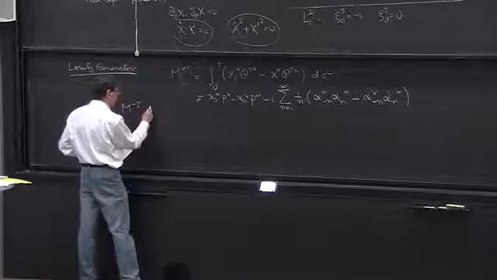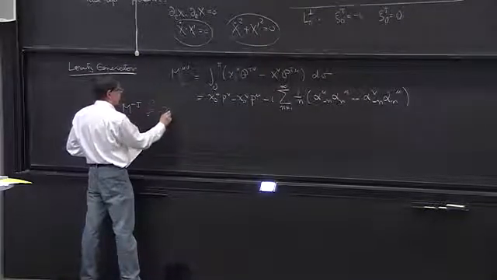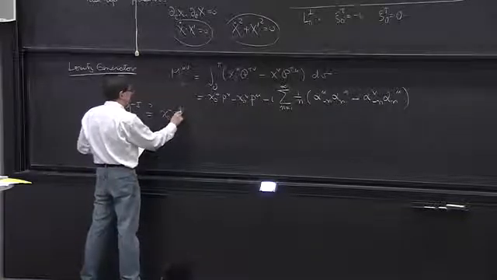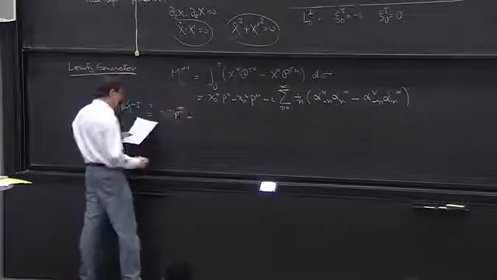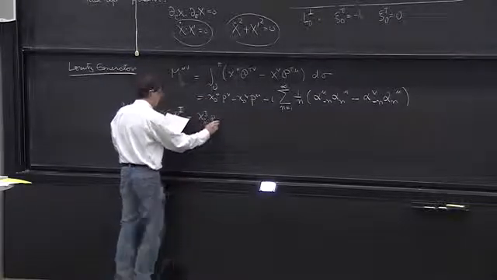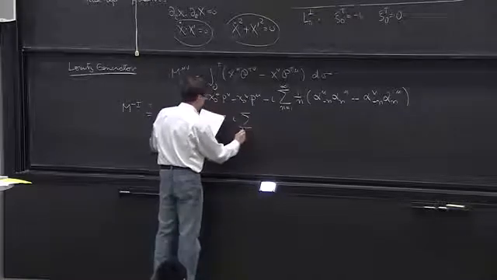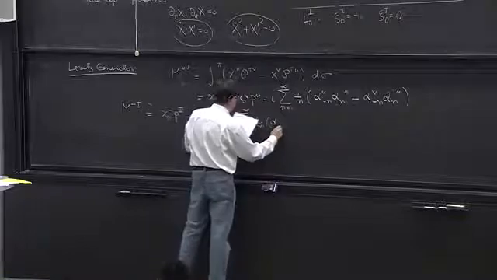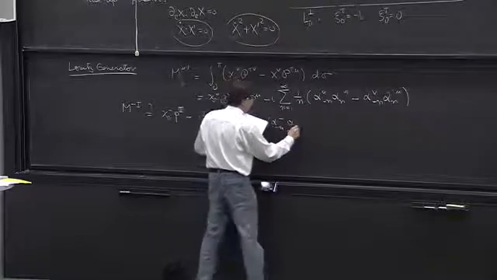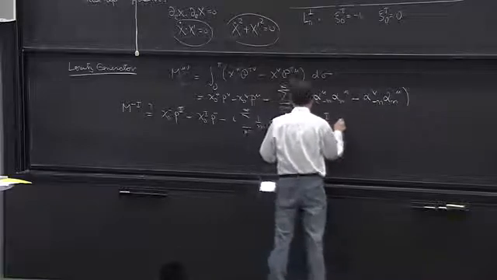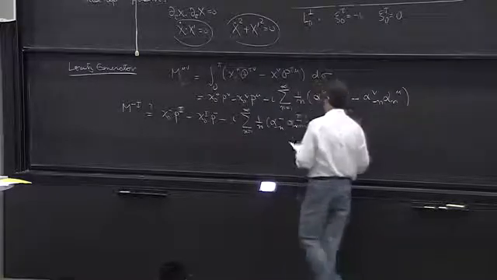Well, you try something like x0^- p^i minus x0^i p^-, minus i times the sum from n equals 1 to infinity of 1 over n, (α_{-n}^- α_n^i minus α_{-n}^i α_n^-).